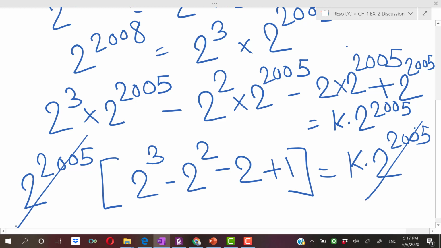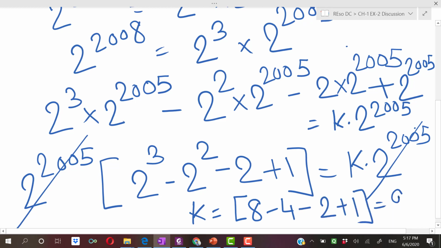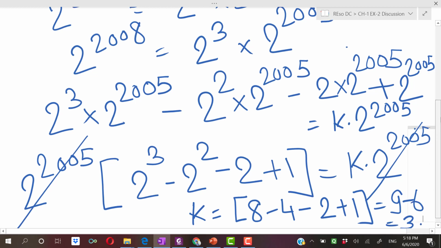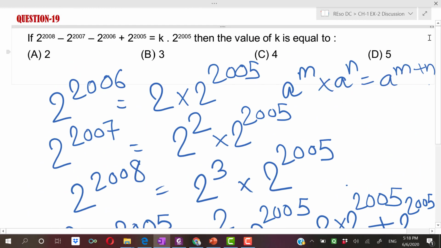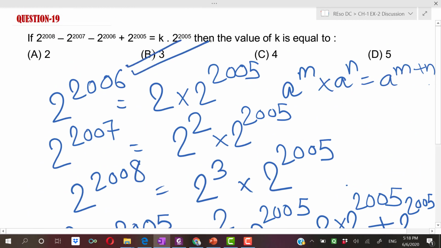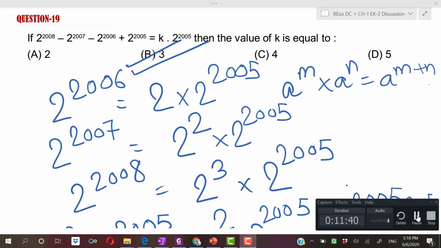So my k will be equal to 8 minus 4 minus 2 plus 1, which is equal to 9 minus 6, which is equal to 3. So k equal to 3 will be my correct answer of this question. So this is how you were required to solve this question.